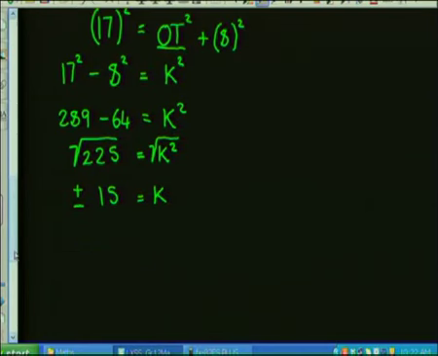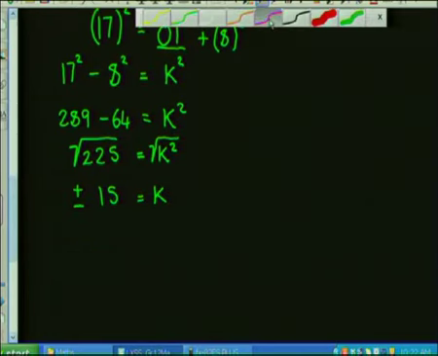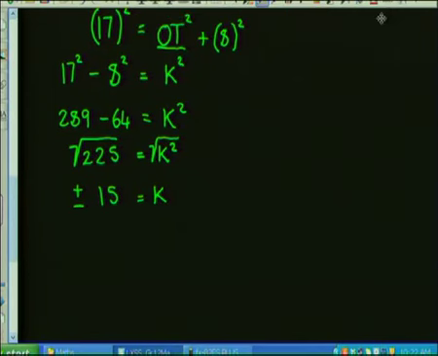Now, some of you may be thinking, okay, where is the plus or minus coming from? And this comes from, you will remember in grade 11 when you did quadratic equations, you were taught if we had, for example, K squared minus 225, we would make that equal to 0.